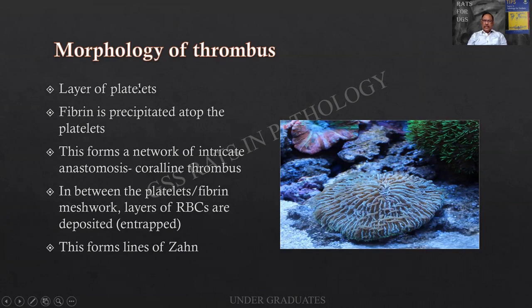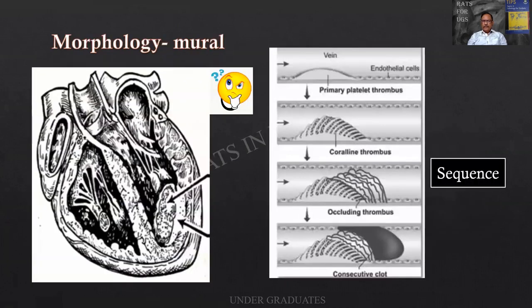Fibrin and platelets will appear pale, but in between the platelets and fibrin meshwork are the entrapped RBCs, which will appear dark. So I am finding alternate pale and dark lines. These are the lines of Zahn, characteristic of a mural thrombus. And this incidentally is a coral reef, which we had seen, which has been formed due to sedimentation and secretions.